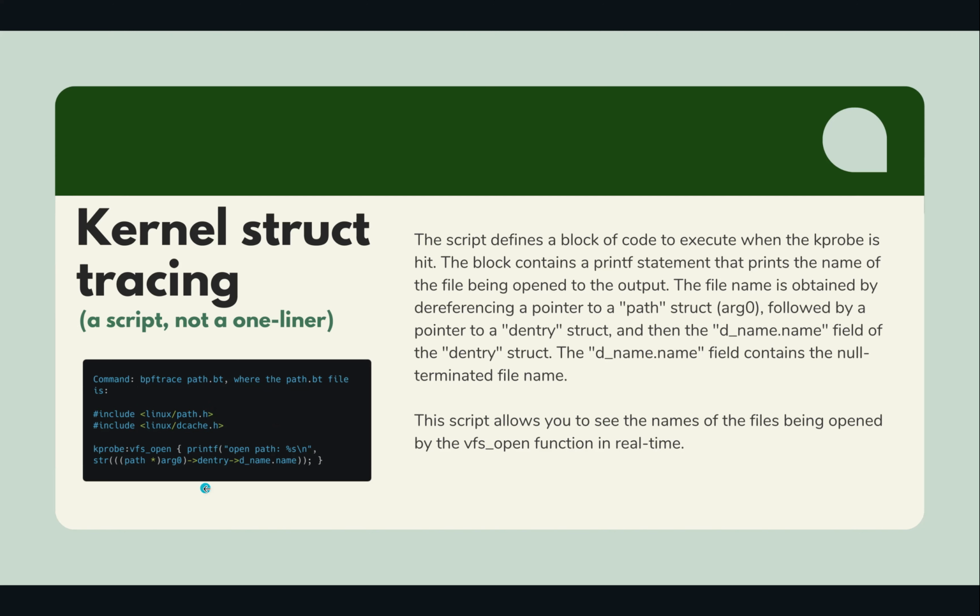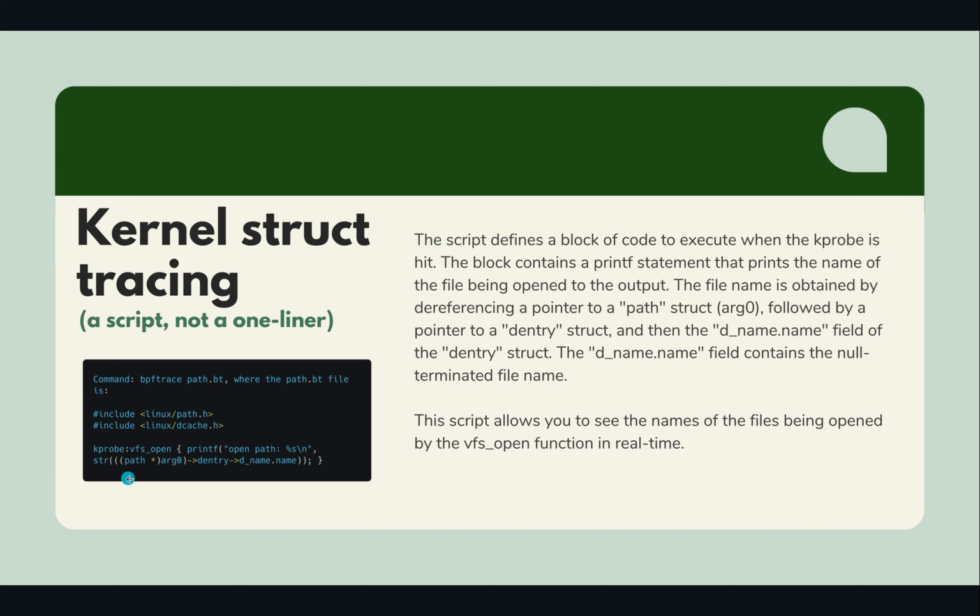So we can also specify the scripts in this format. In this script, there's a block of code which defines when a file is being opened. It will show the path of the file that has been opened.